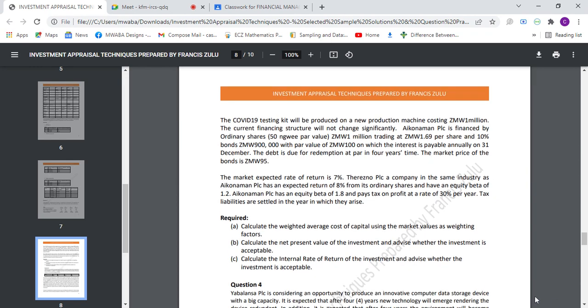So the first part they've told us is to calculate the weighted average cost of capital using the market values as weighting factors. So we're going to first calculate the value of equity and the value of debt.